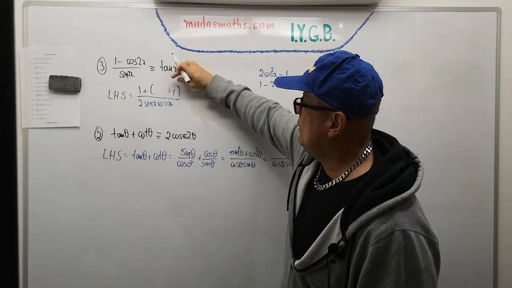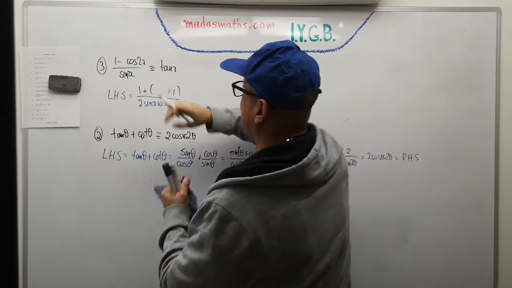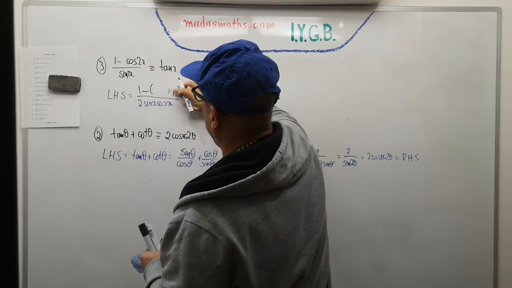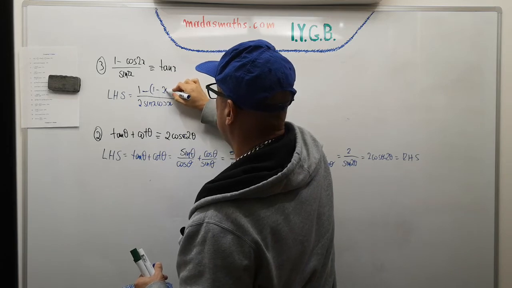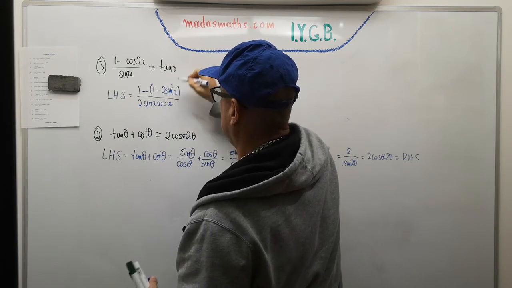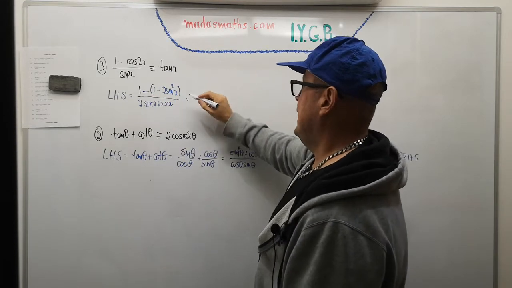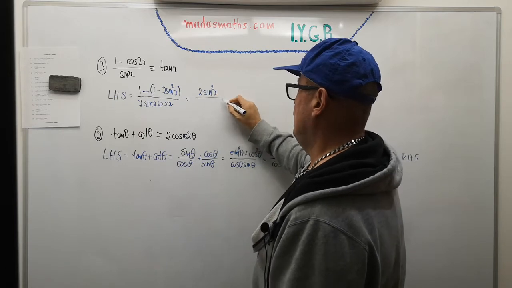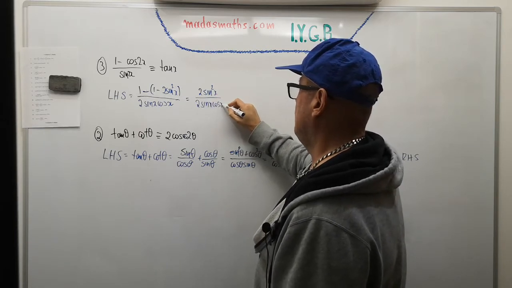Okay, we don't have this scenario, so let me just rub it off, and I'm going to rub off these identities as well. That of course is a minus in our case, and the identity we need for this one is 1 minus 2 sine squared of x. So now we tidy up. 1 minus 1 cancels, and I end up with 2 sine squared x on the top over 2 sine x cos x.